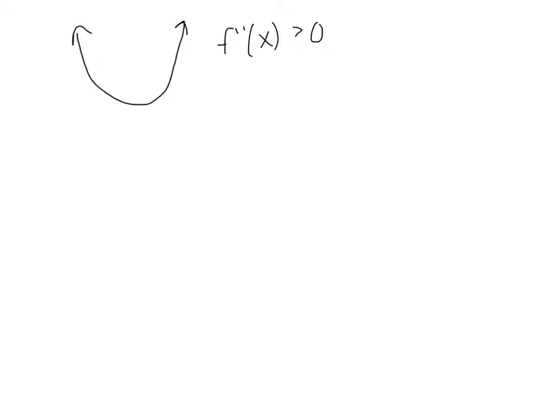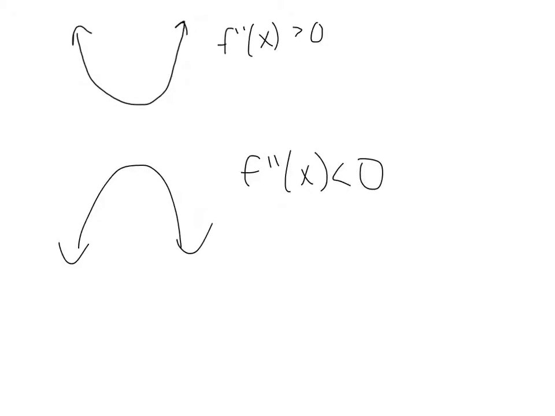The point of inflection is where this second derivative equals 0 and it changes sign. If it's concave down like this, like a frowny face, then the second derivative of x is less than 0.